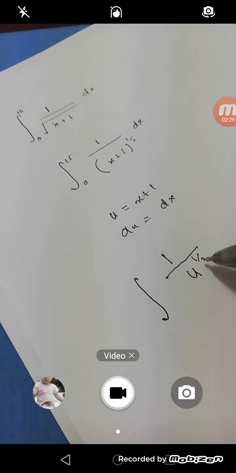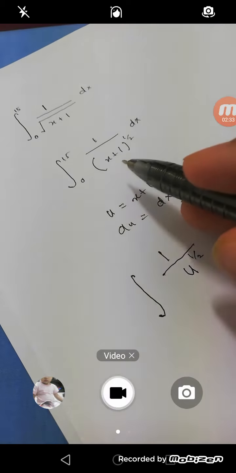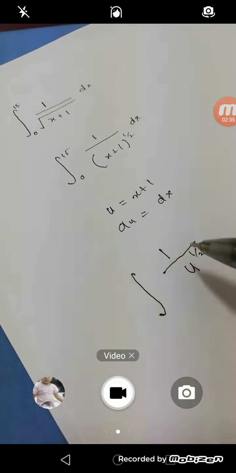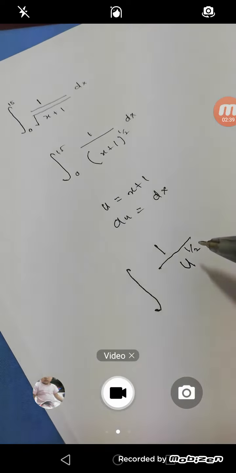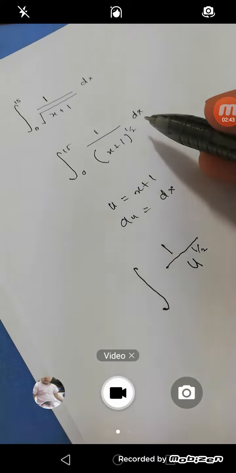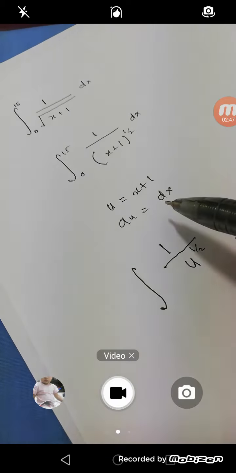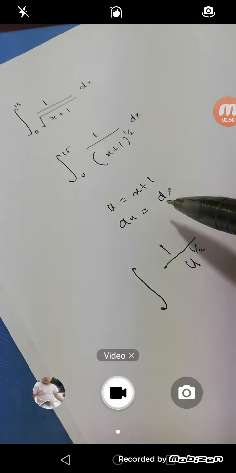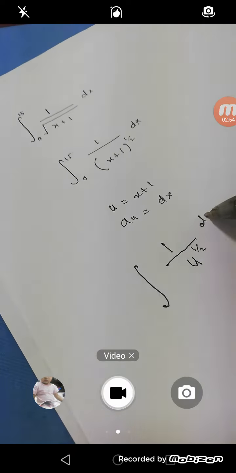Why do I get u to the power of half? Because u equals x plus 1, so x plus 1 here is replaced by u. And we maintain the value of 1 over 2. Just keep the same value there. And for dx, our calculation shows that dx equals du, so we can replace it with du.